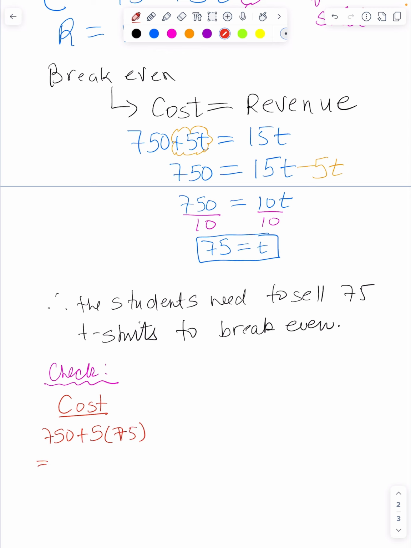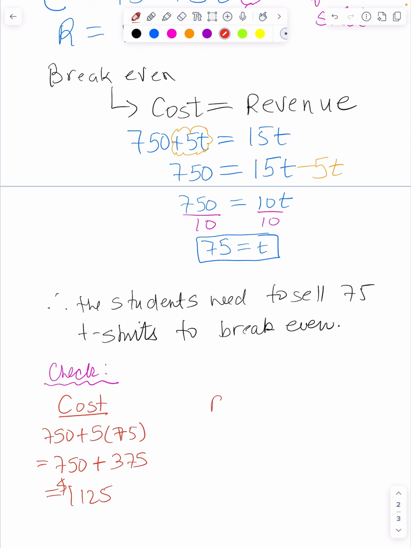So you're going to have 750 plus 5 times 75 gives us 375. And when you add these two numbers together, you will get an answer of 1125. $1,125 is how much it's going to cost to have 75 t-shirts made.